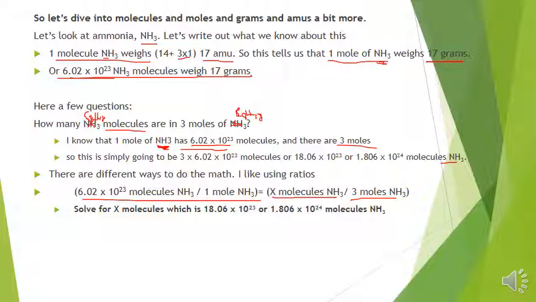Then you just solve for X. Hopefully you understood that. It doesn't matter if it's NH3 or whatever, it's always going to give you the same number for 3 moles. 5 moles of anything is going to be 5 times 6.02 times 10 to the 23rd of that thing.